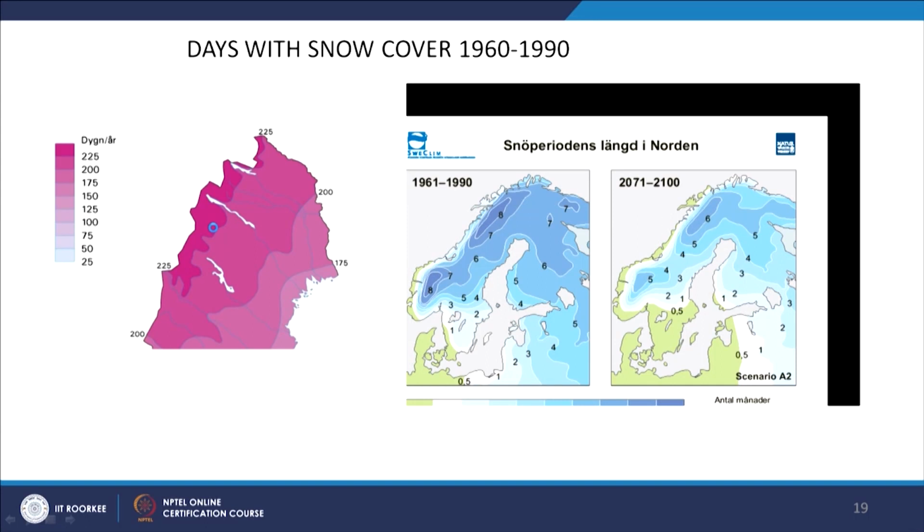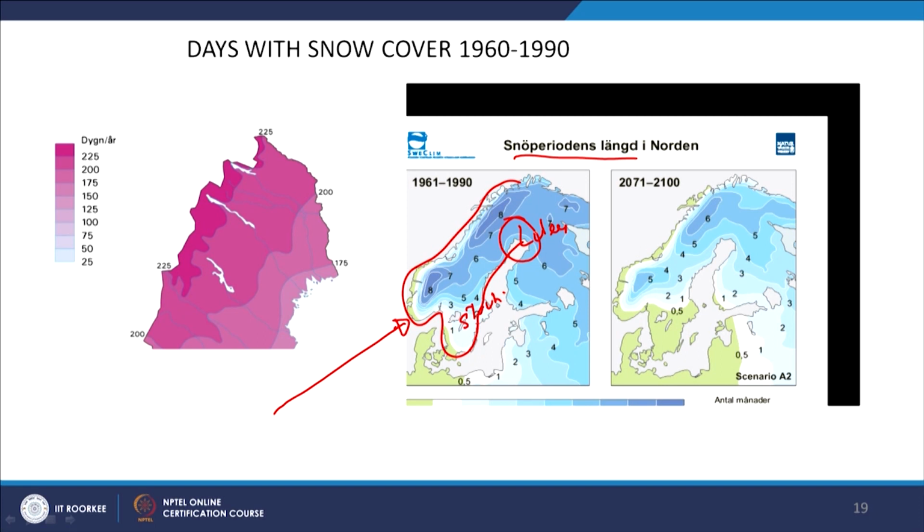This is the Sweden map, with Stockholm here and Luleå somewhere here. The winds from the Gulf of Mexico travel far to here, and that keeps it a little warmer, but if you go up north, it's much colder.